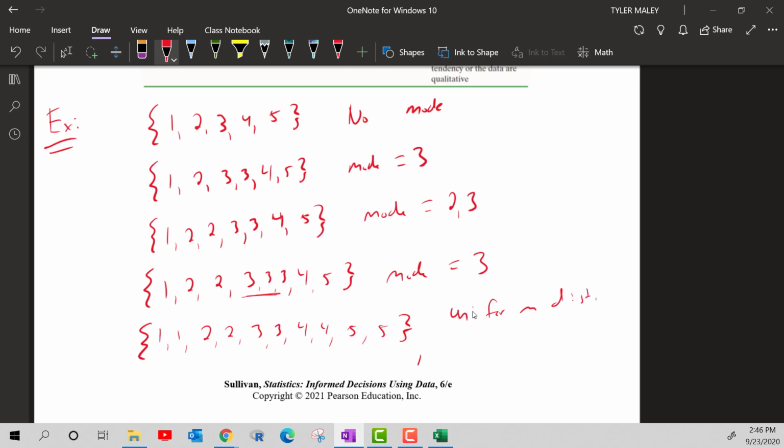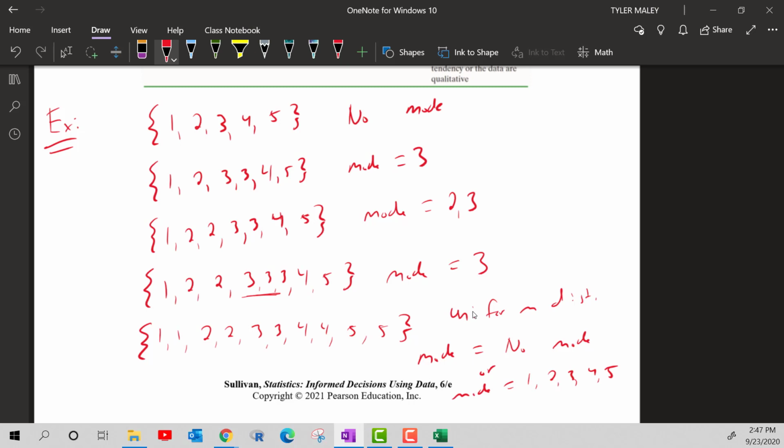So for a mode for this, you can actually say that there's no mode, or you could list everything as the mode. Really just depends on the definition that you're using, right? So there's no agreed upon consensus in the statistical mathematical community about what you do in this case when you have a uniform distribution.